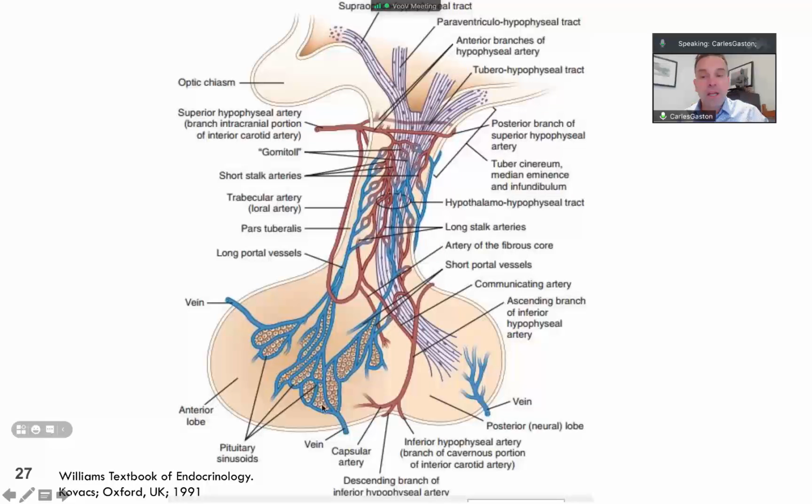Basically, in a gross way, we have the anterior pituitary and the posterior pituitary. We can see the two main blood supplies, the superior hypophyseal artery, which branches from the intracranial portion of the internal carotid artery and supplies blood to the median eminence and the higher part of the infundibulum or stalk, right?